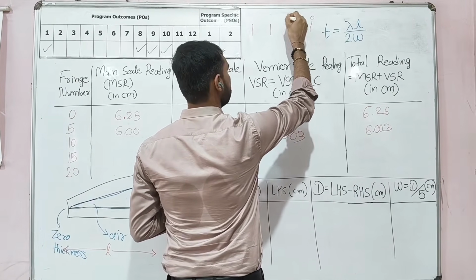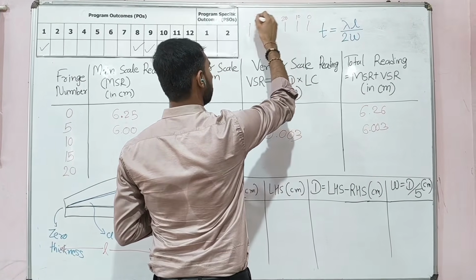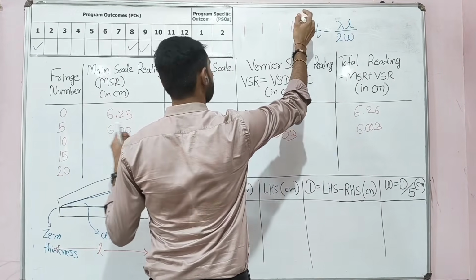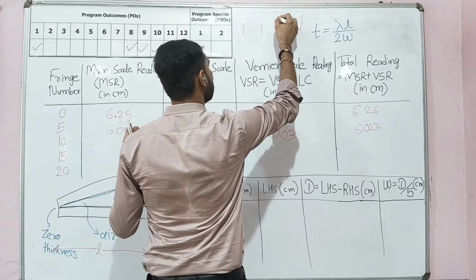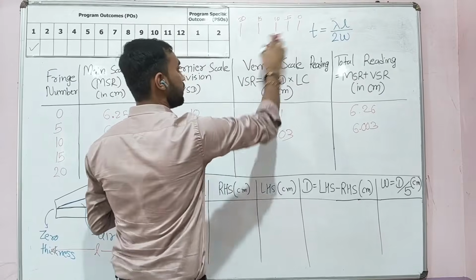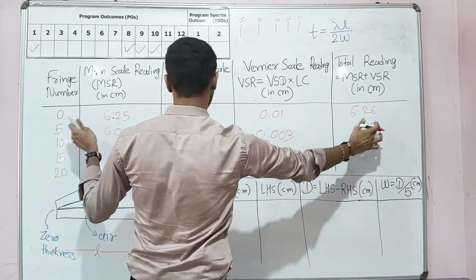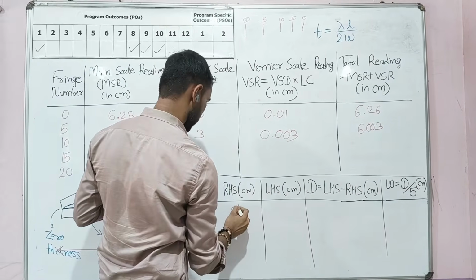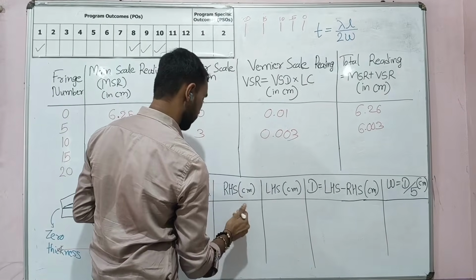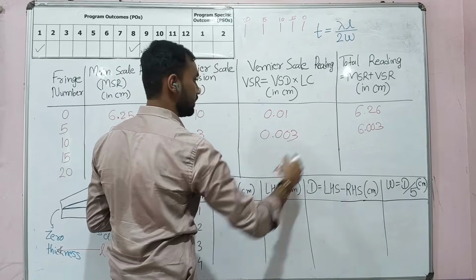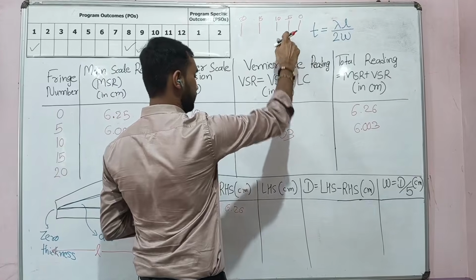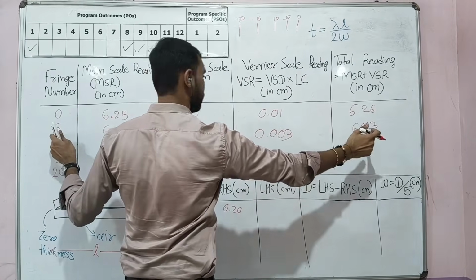Zeroth fringe, 5th, 10th, 15th, and 20th. So the position of the zeroth fringe will come here. You are supposed to write this value, 6.26. This is the right hand side value. Left hand side value is the position of the fifth fringe. What is the value?